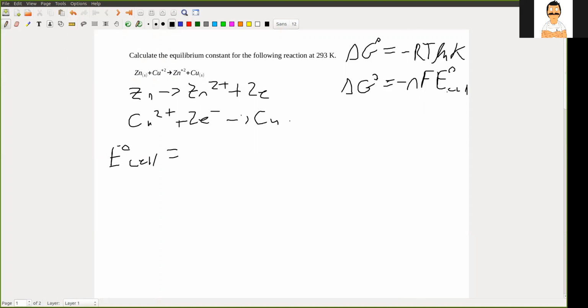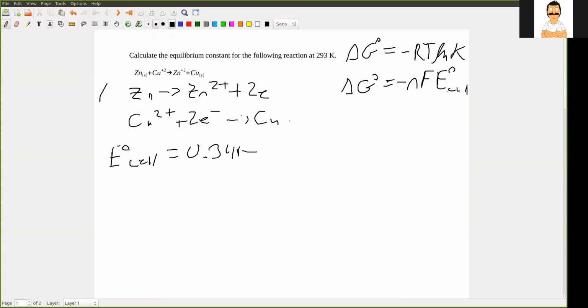So in this case, our cathode is given to us in standard reduction potential as 0.34 volts, minus our anode.